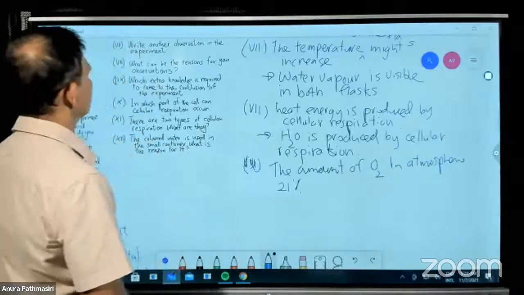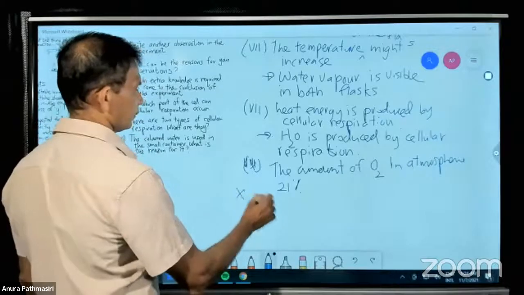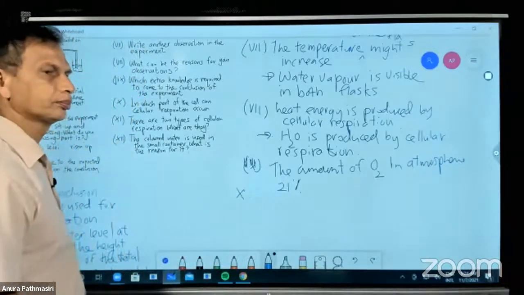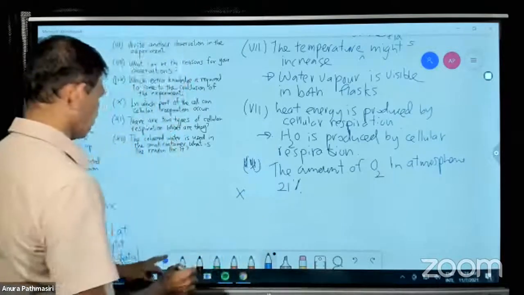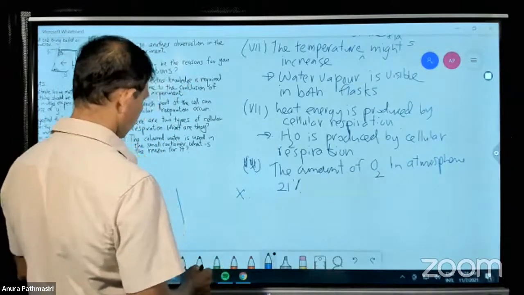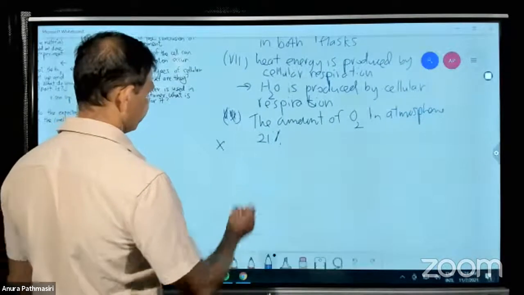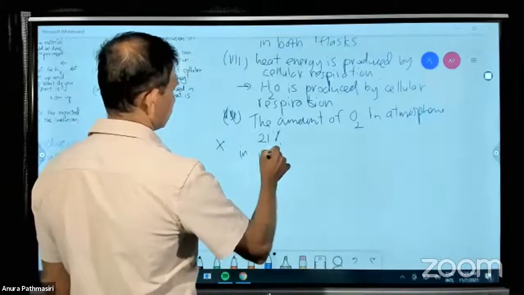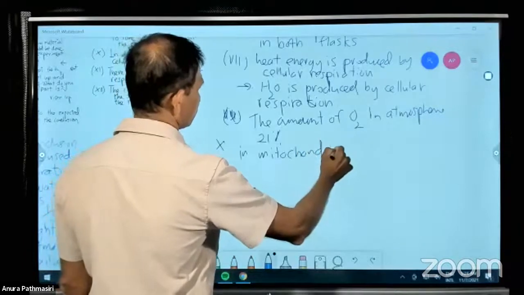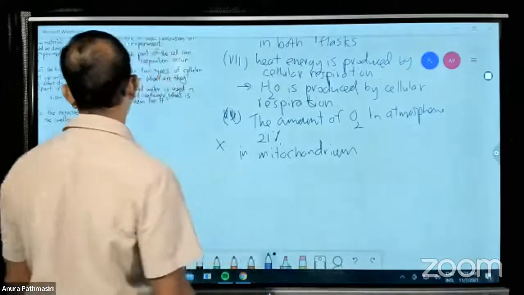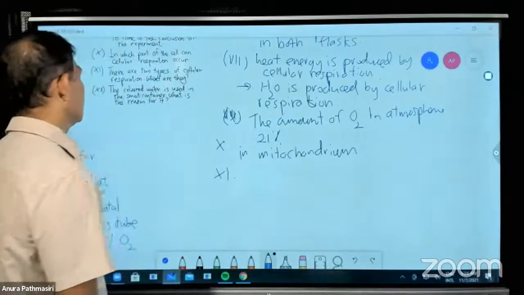In which part does cellular respiration occur? Inside the organism, in the mitochondrion. In the mitochondrion, there are two types of cellular respiration.